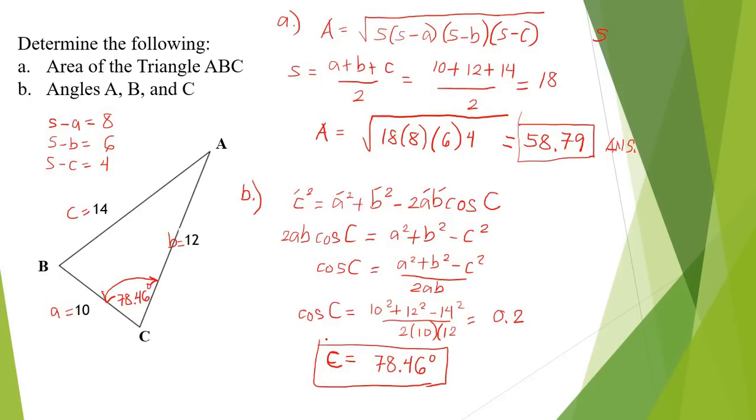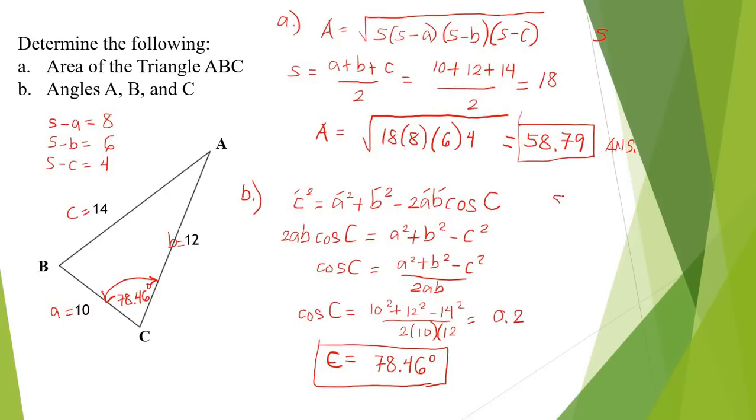Now, since we already have our angle C, we can now use our sine law to determine any angle A or B. So in this case, we can use the sine law.